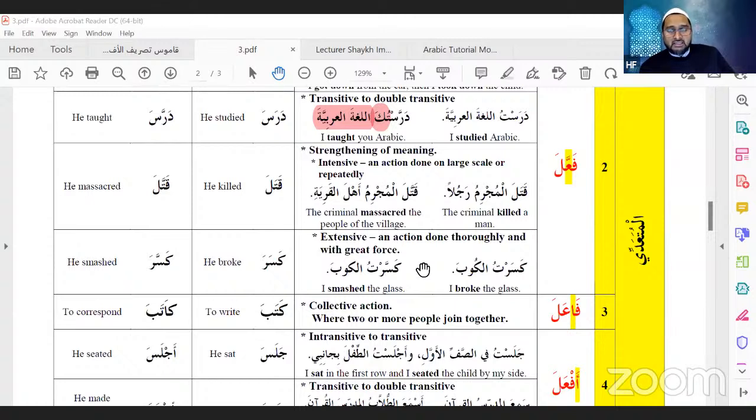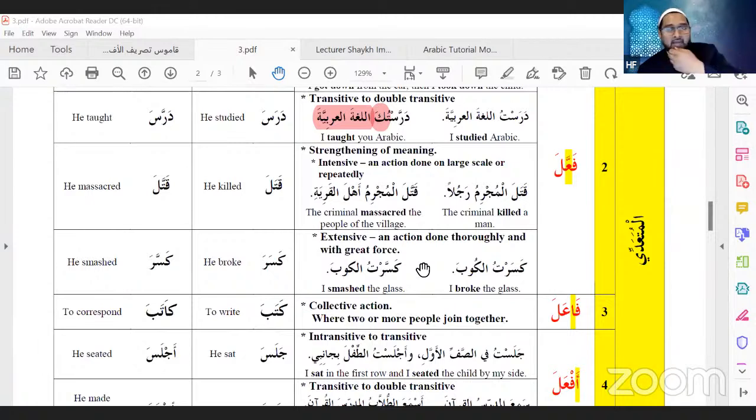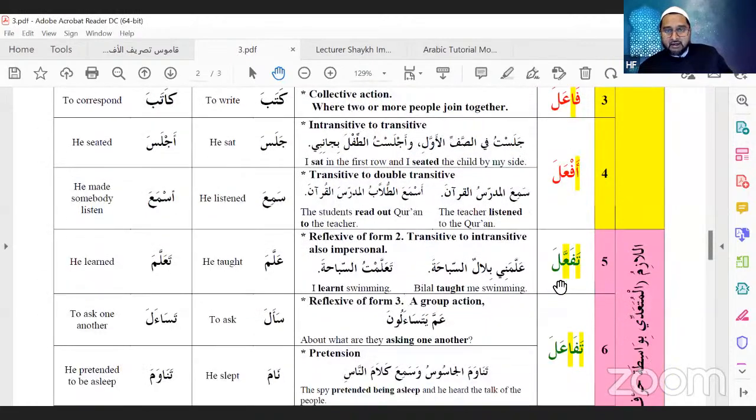So I'll put it in a nutshell. The nutshell is this: anzala is he descended. Tanazzala yatanazzalu. Now, what's happened here? This verb is on this pattern, tanazzala yatanazzalu. There should be two tas because it's feminine.